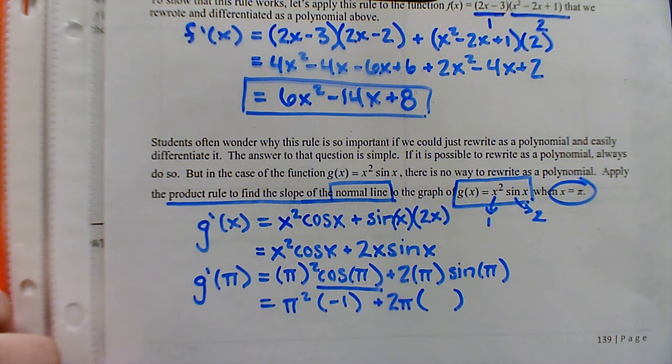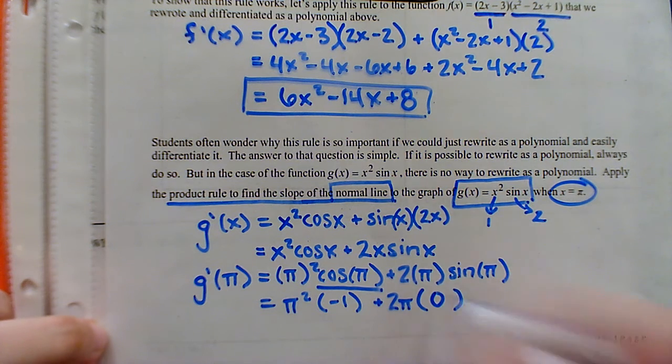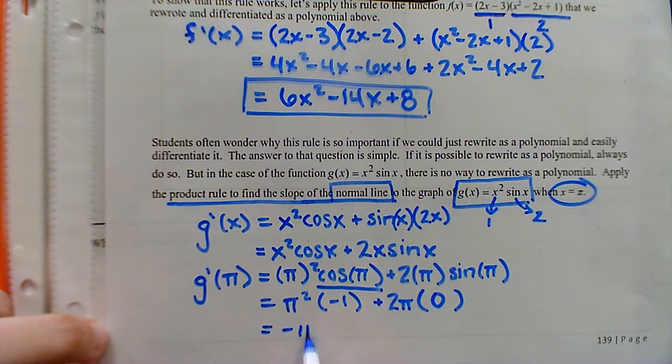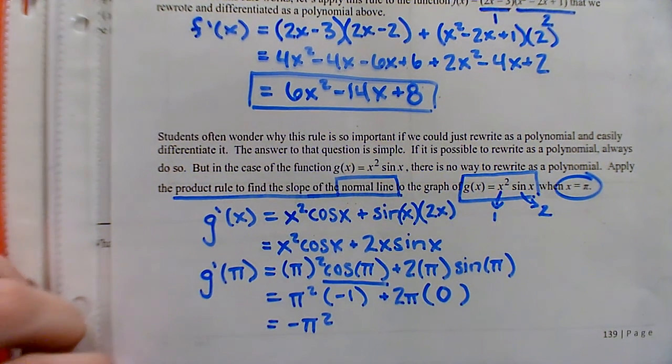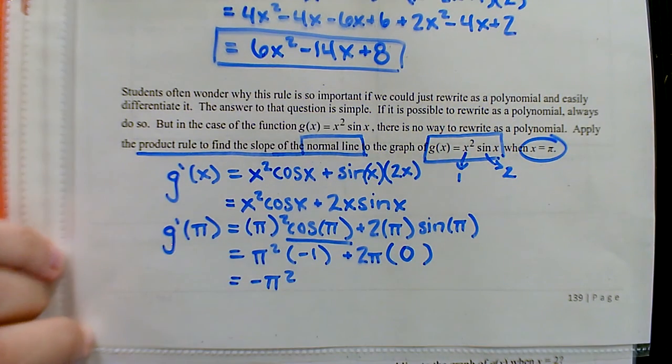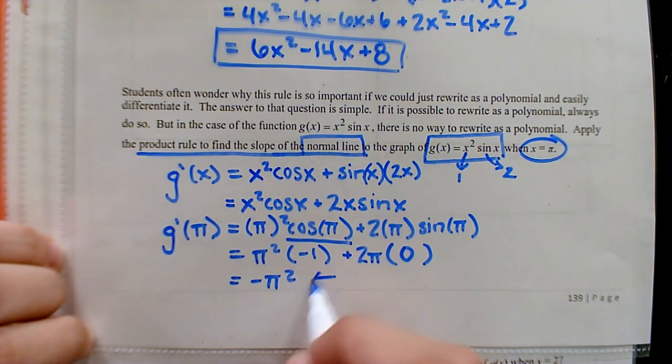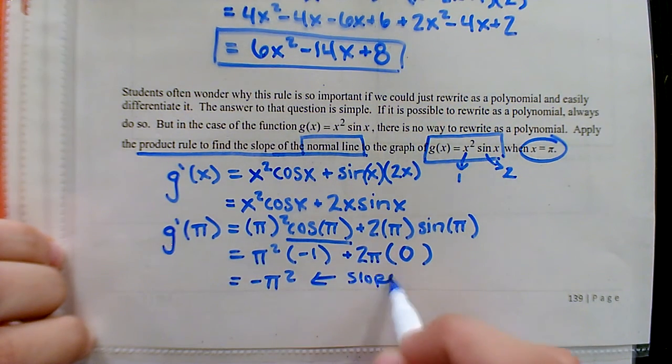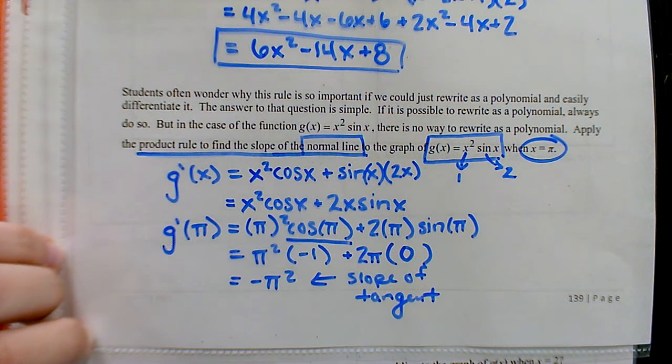Pi is our leftmost point. 0, good. So it looks like we're just left with negative pi squared. But this is what we got when we plugged in pi into the derivative. So this is representing the slope of the tangent line at pi.